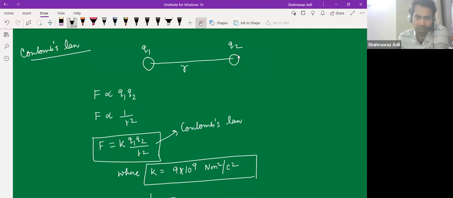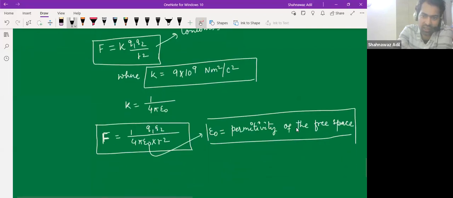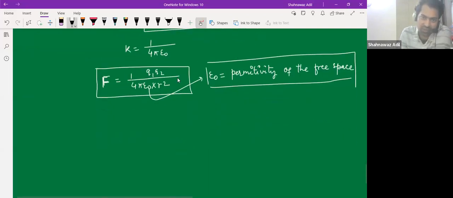But if we put them in some dielectric medium, then there will be some change in the Coulomb force.